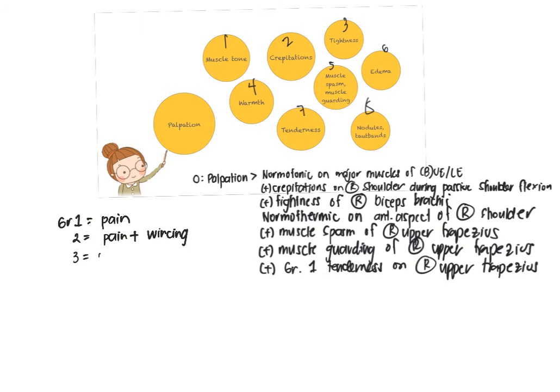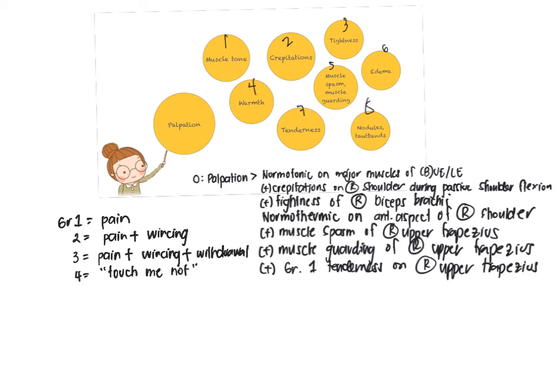Grade 3 is pain plus wincing plus withdrawal. So, tatanggalin niya yung part na masakit. Okay, iaalis niya. And then grade 4 is what we call the touch me not. So, hindi na siya magpapahawak because it's really very painful.